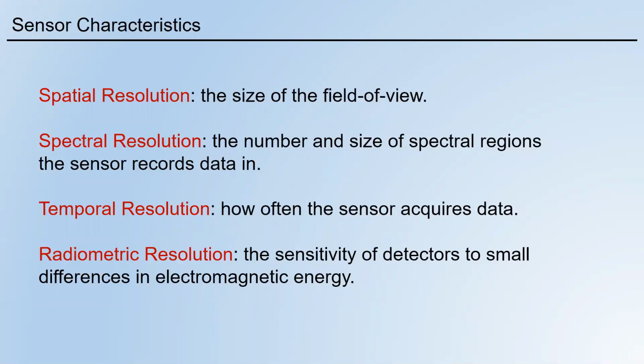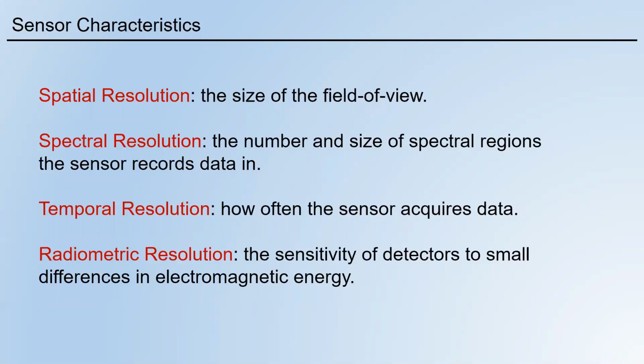The third one is temporal resolution, how often the sensor acquires data from the same area. Okay, and the last one is called radiometric resolution. We have discussed this a little bit before. It was called brightness value.